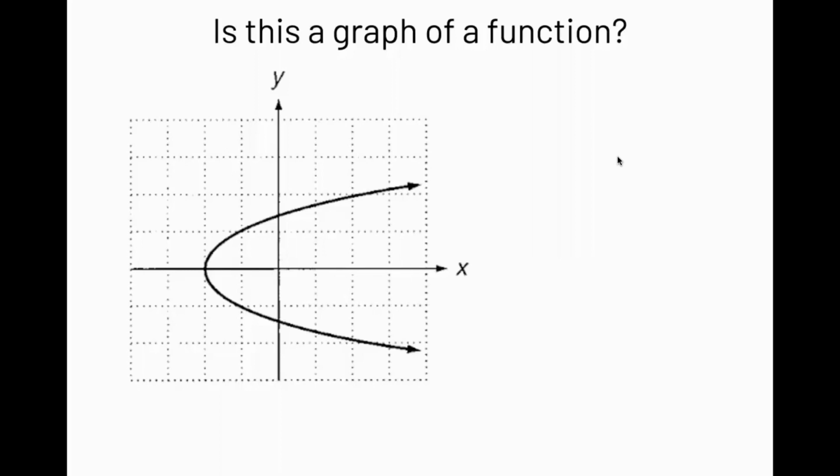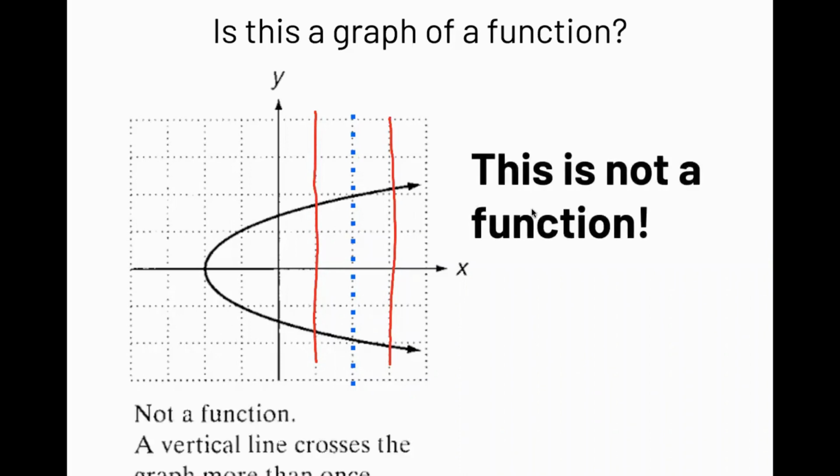Here are a few more examples where we use the vertical line test to determine whether the graph is a function. If we were to draw a line through this graph, we see that our vertical line actually crosses through 2 points at several places in the graph, such as there or here, also here. And because our vertical line does pass through more than one point, it does not represent a function.